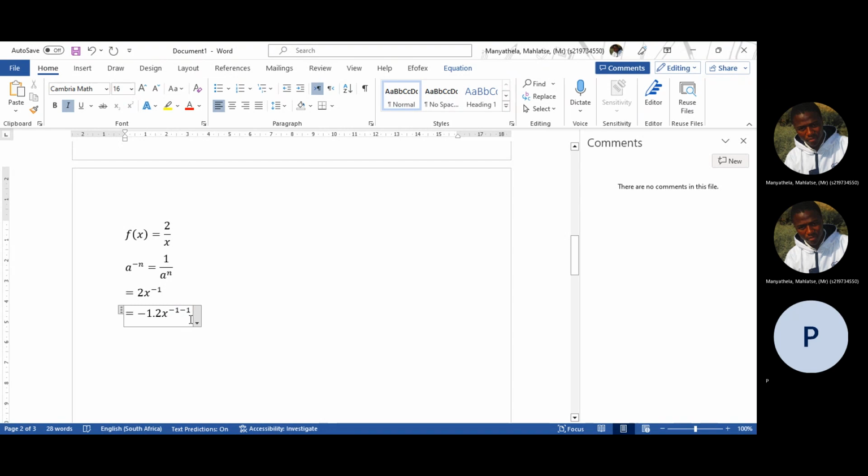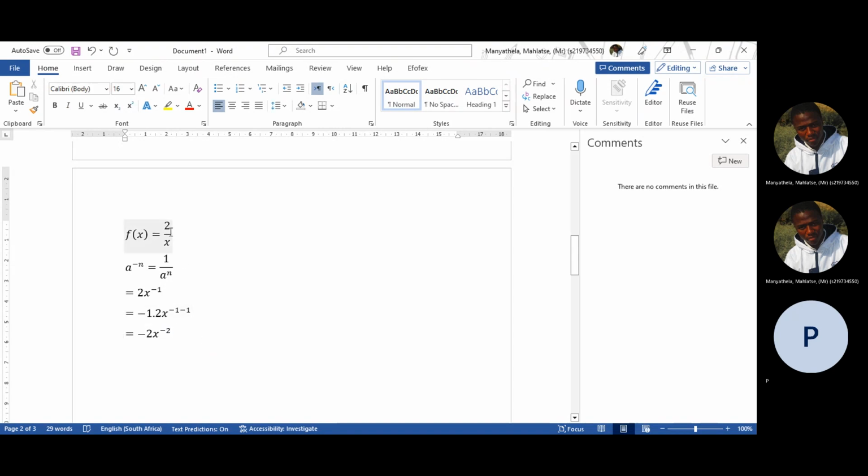So if you can say on your calculator, negative 1 times 2 is negative 2, right? Yes. Negative 1 times 2 is negative 2, meaning that this side you're going to be left with negative 2. And if you say negative 1 minus 1 is negative 2. So you're going to have minus 2x to the exponent minus 2.